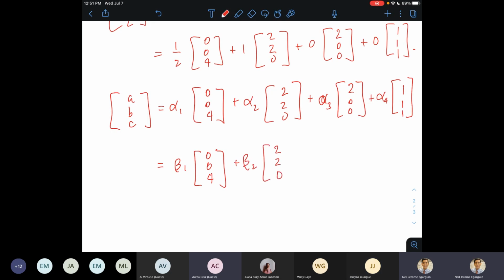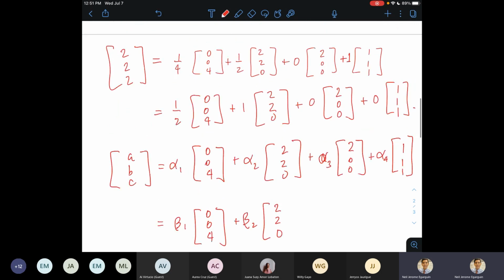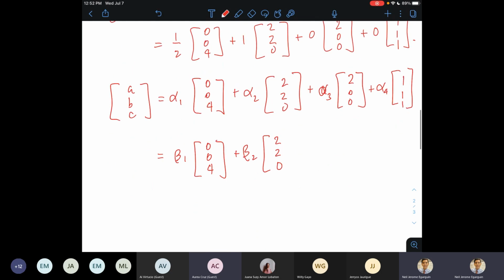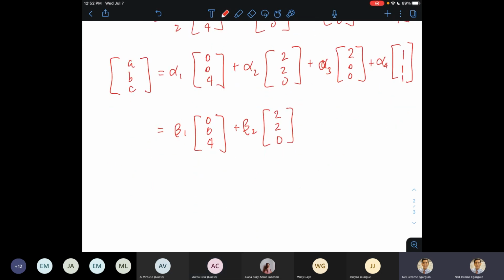But at least you saw the concrete example here, 2, 2, 2, where I cheated a little bit in order to show that I can find two different quadruples whose resulting linear combination will be 2, 2, 2. So that's what is meant by not having a unique representation.